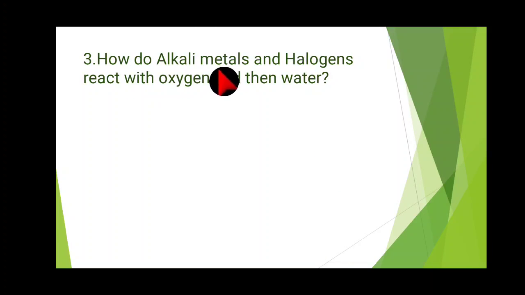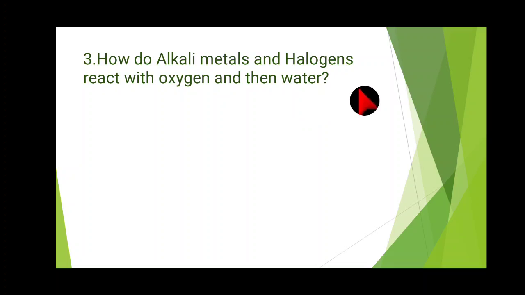Here you can find the question: how do alkali metals and halogens react with oxygen and then water? Alkali metals: lithium, sodium, potassium, rubidium, cesium, francium. Halogens: fluorine, chlorine, bromine, iodine.